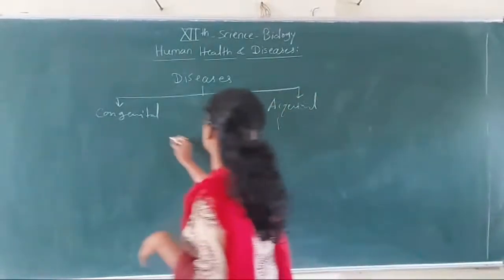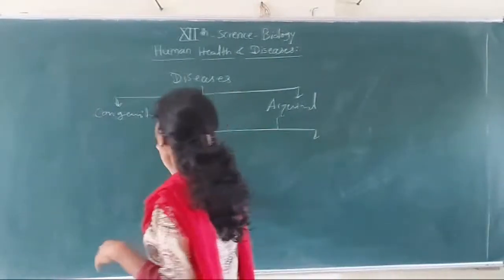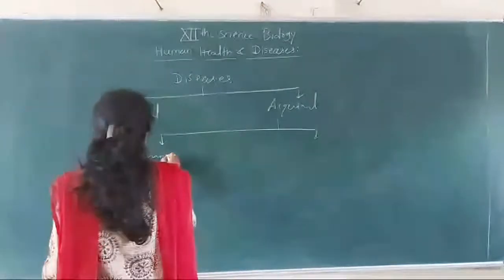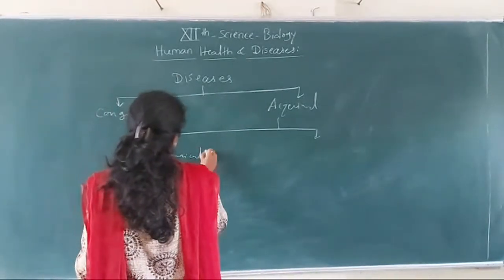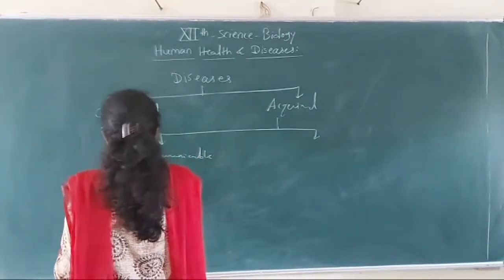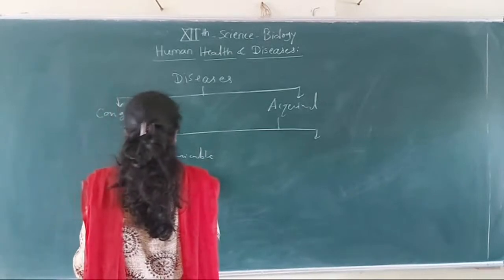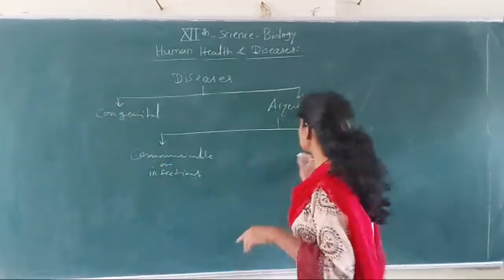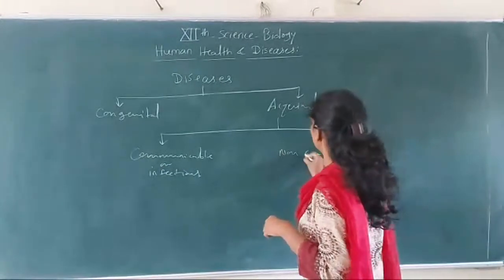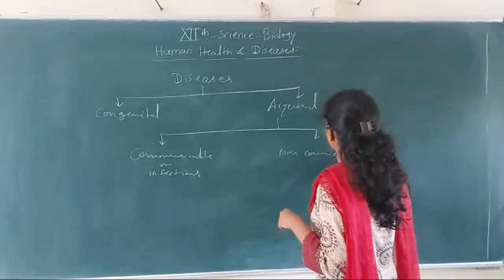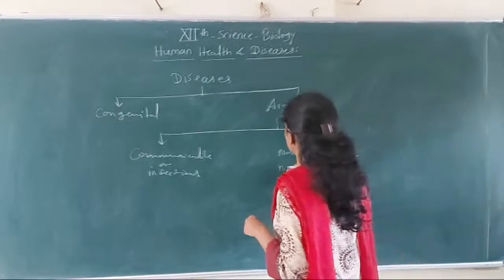Acquired diseases are again divided into two types, that is communicable or infectious diseases, and second is non-communicable or non-infectious.